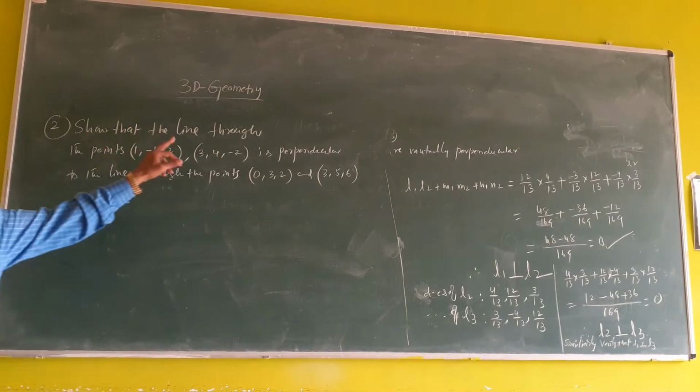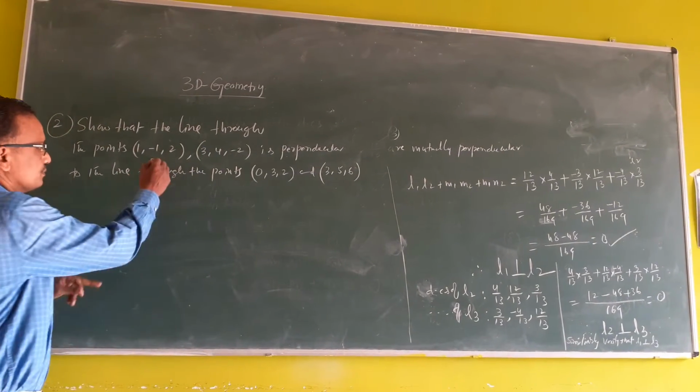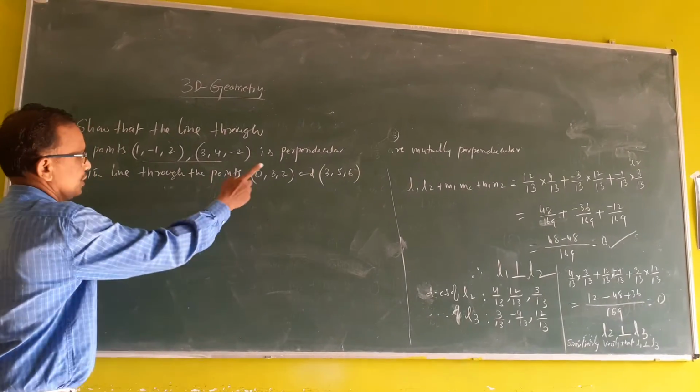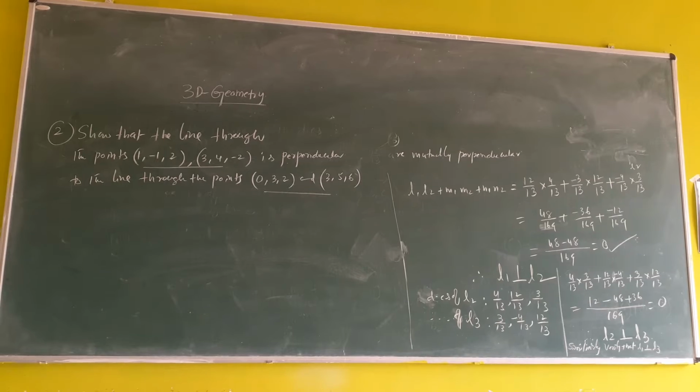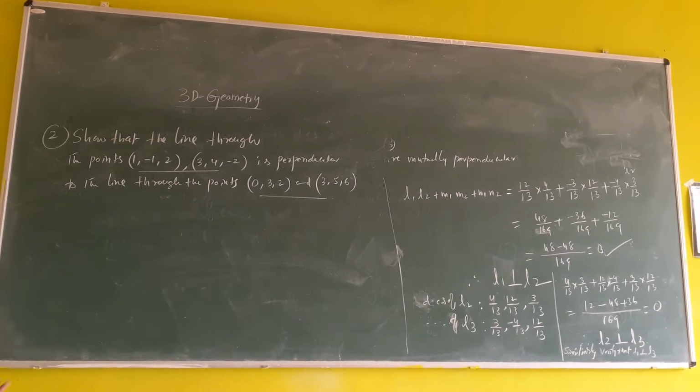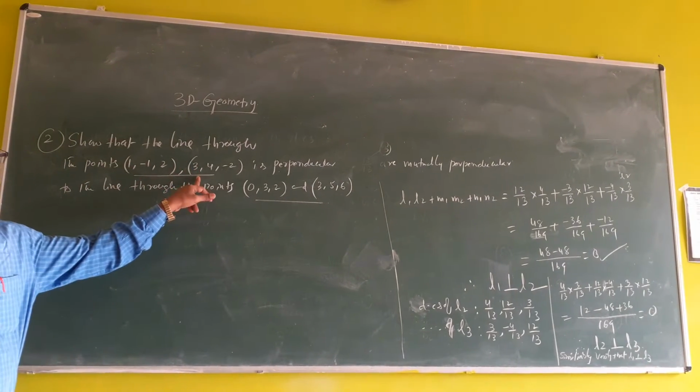So the line through these 2 points is perpendicular to the line through these 2 points.